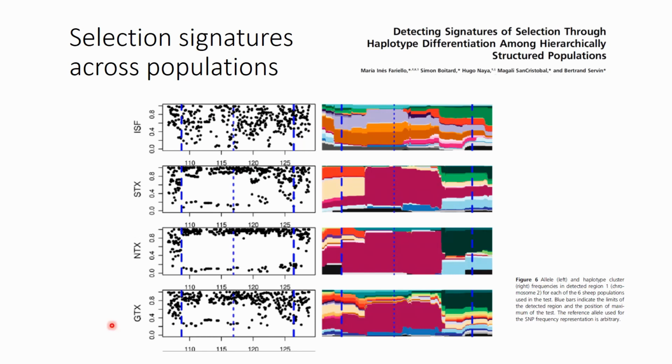With this, I also wanted to demonstrate that if you look at multiple populations from the same species, you can find very different outcomes, of course depending on the various natural or artificial selection pressures acting on these populations.